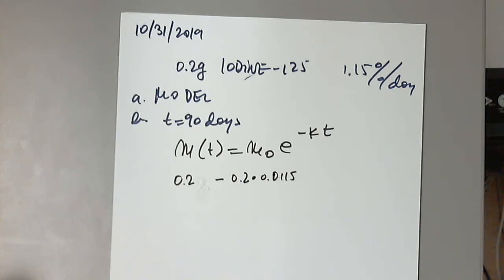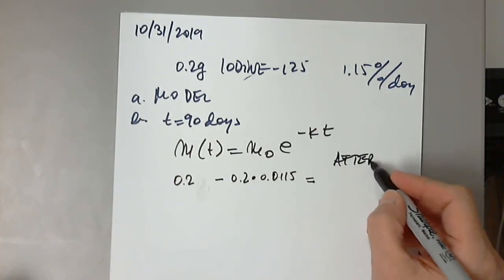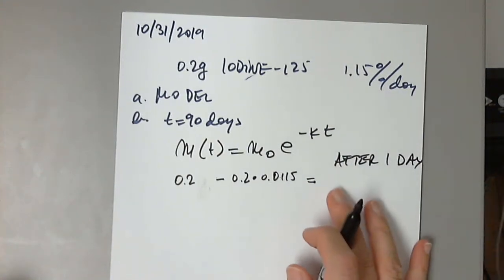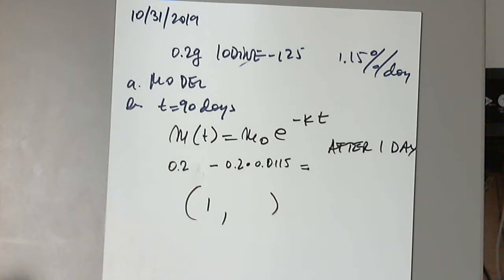So we start today with 0.2, like with $100. And tomorrow I have $100 minus $100 times 0.10. At the end of the first day, this is what we have left. So this is after 1 day. We're going to calculate this in a moment. We just created a point: 1 day, comma, give me that answer, please.